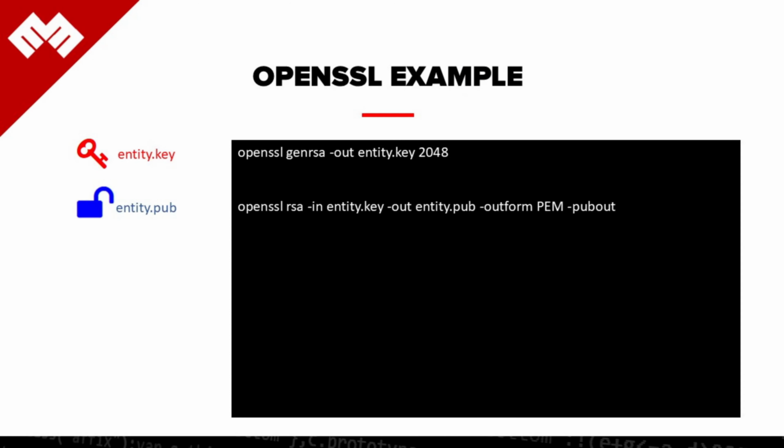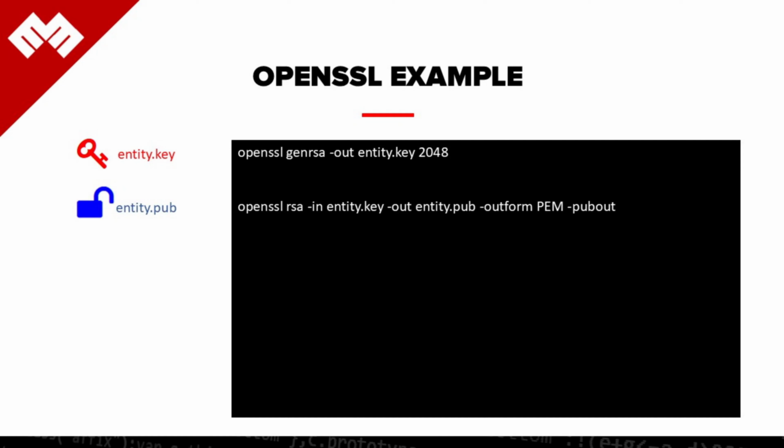Next, we use the OpenSSL rsa command to derive a public key that is mathematically related to the entity.key. The public key can be saved in many different formats. I will use the popular PEM format and save the public key with the file name entity.pub.